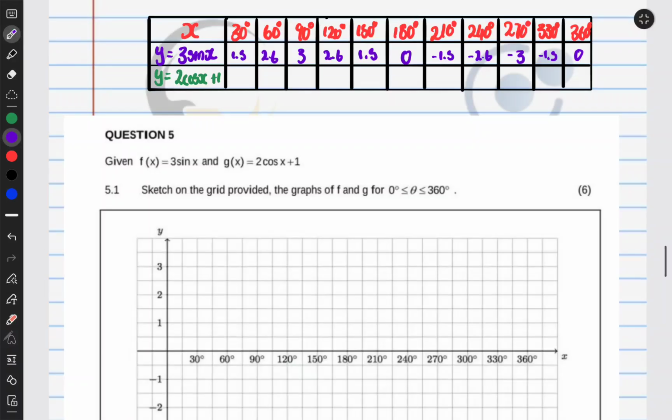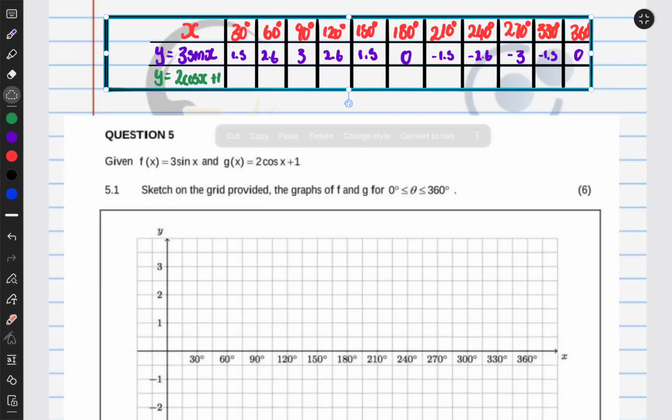Okay, and then from there let's find the points for 2 cos x plus 1. Oh, we even started at 30. I missed a lot of things here. I didn't include 0, and I didn't include 30. Okay, let's start by including 0 first.